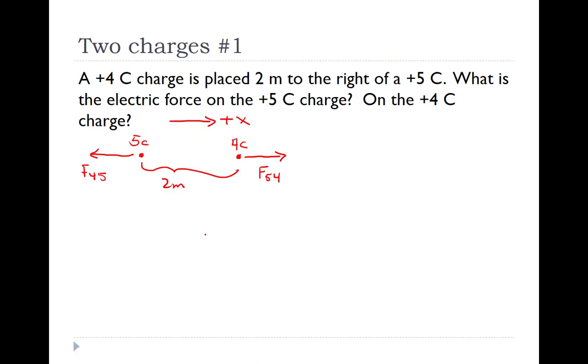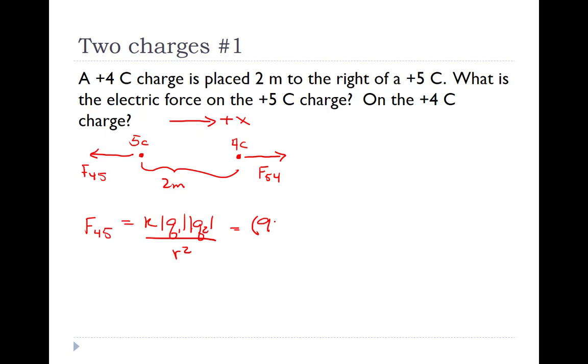As we saw in the last part, multiplication is commutative, so all I have to do is calculate the magnitude for one of these, and I have the magnitude for both. So I'm going to choose to calculate the force on the 5 Coulomb charge first, because it's what's asked for first here in the problem.